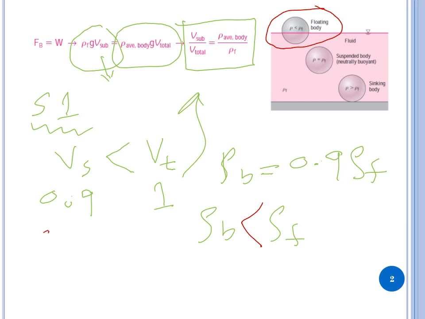Now scenario 2. Submerged volume is equal to the total volume, so V sub is equal to V total. In that case, density of the body is going to be equal to density of the fluid.